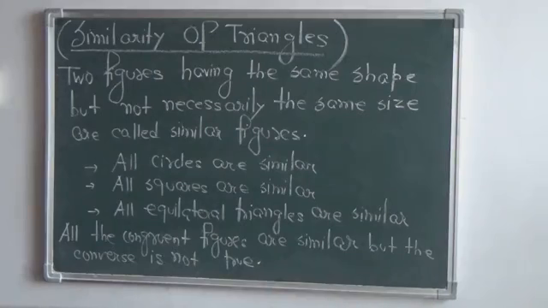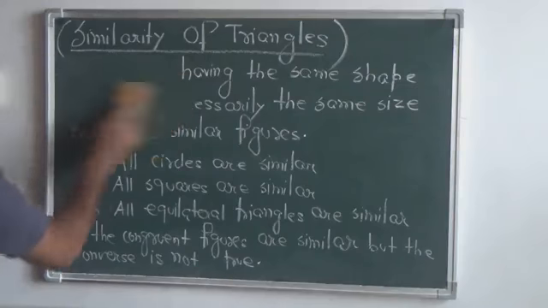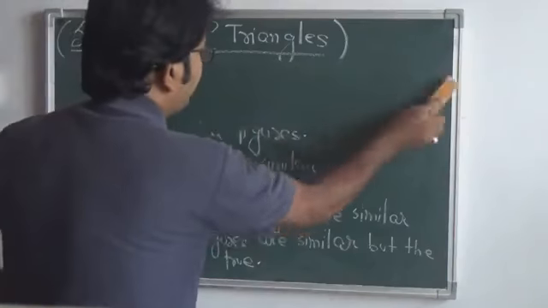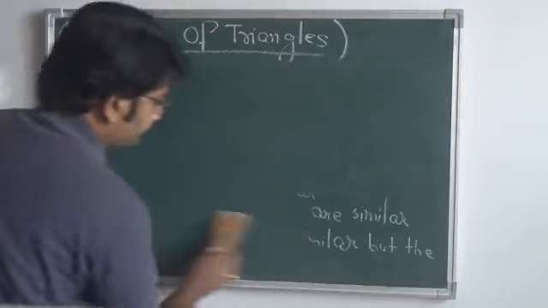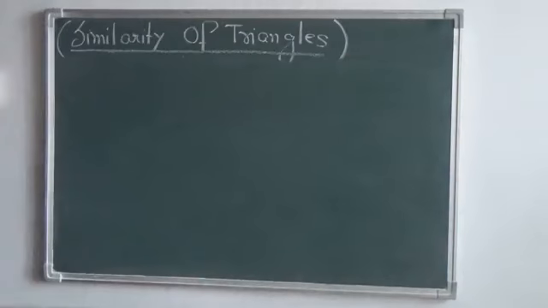Now, when you talk about similar figures, let us now come to the point, that is similar polygons. You know what is a polygon? Now we talk about similar polygons.